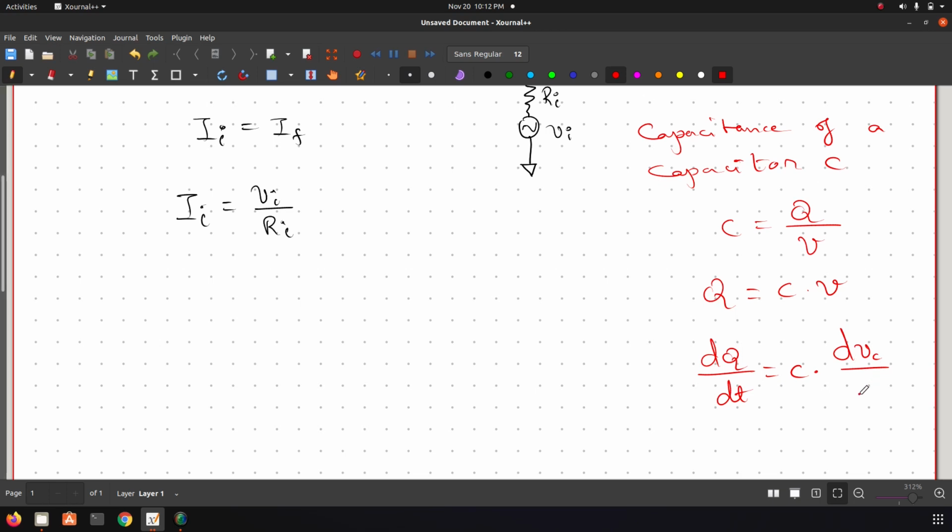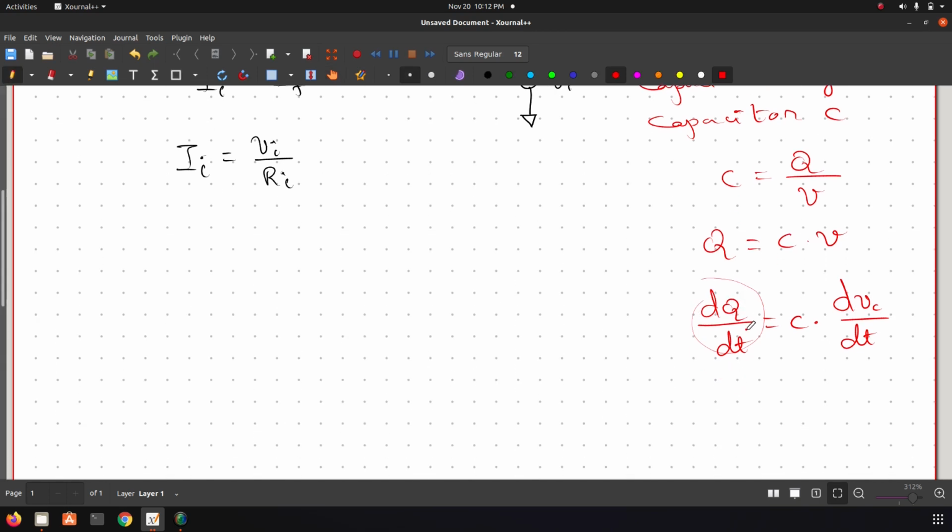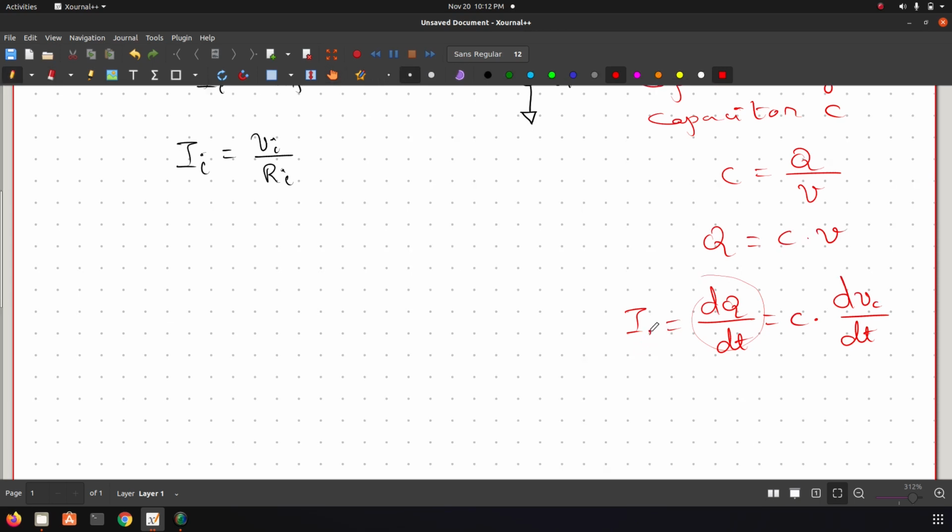So this dq by dt, the charge per unit time, is nothing but the current, the capacitor current IC, or the feedback current. Therefore IC or IF equals C times dV by dt.